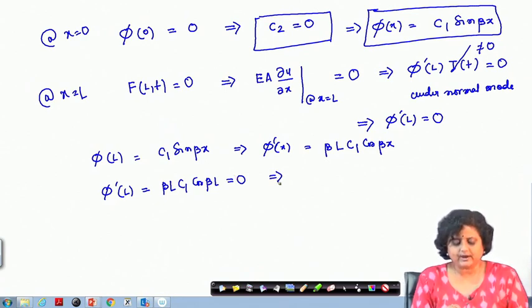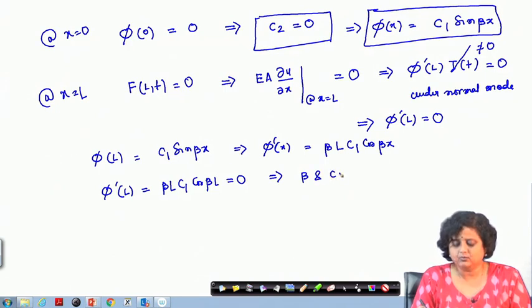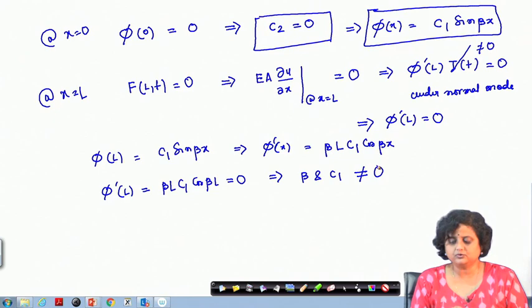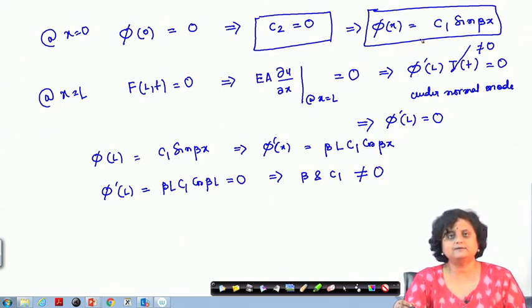This equation has three possible solutions: beta is equal to 0, C1 is equal to 0, and cos beta L is equal to 0. But beta and C1 cannot be equal to 0. If C1 is equal to 0, my phi x is always 0, so it is a trivial solution.